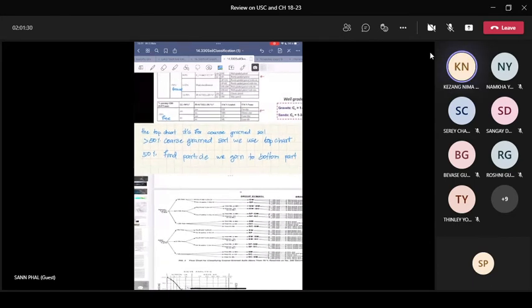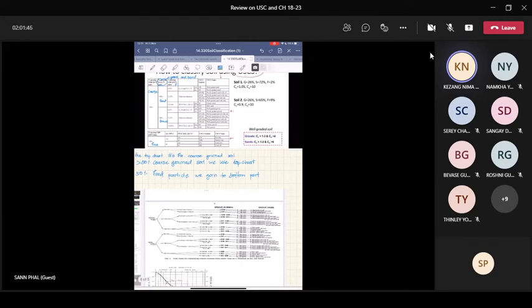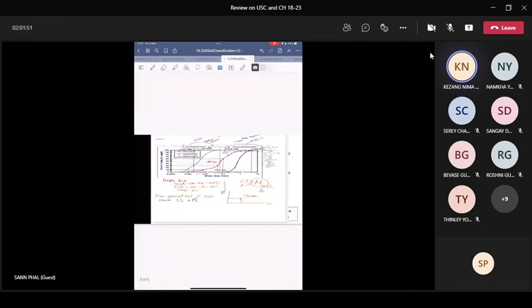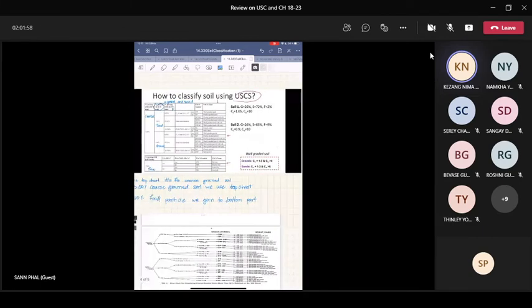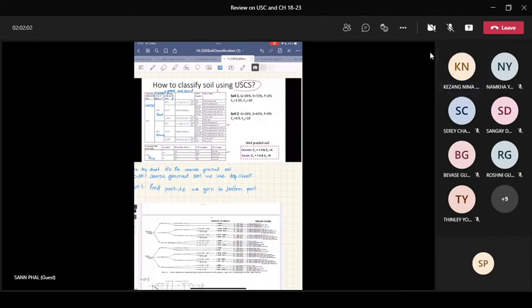Hello, can I add more? Yes, please add more. As we already found the percentages of sand, silt, and clay, the percentage of sand is around, I think, 55, the silt is 46, and the clay is 3. Ajahn, can we use the USCS system to classify the soil? Yes, please.